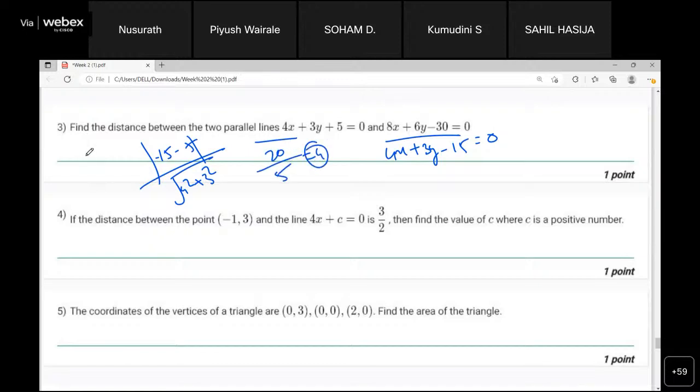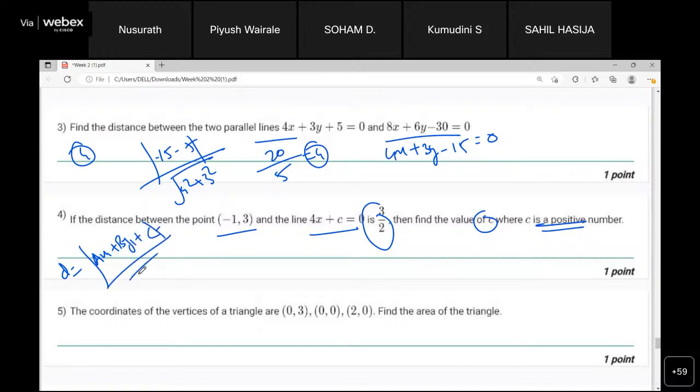The distance between the point and the line is given to us. Find the value of C where C is a positive number. The same formula applies, that is D equals the modulus of Ax1 plus By1 plus C upon the square root of A square plus B square, right?